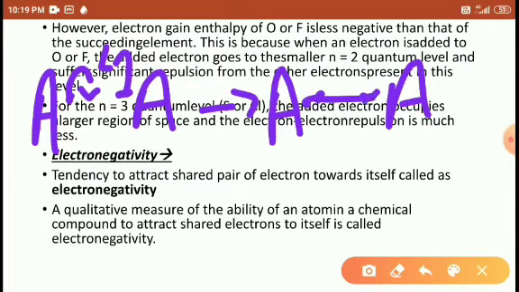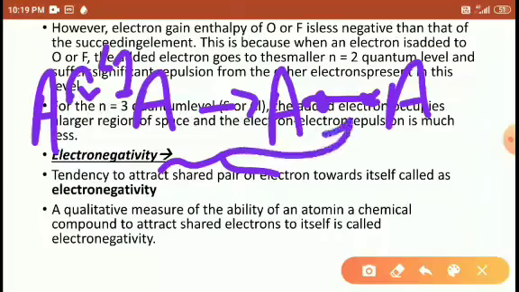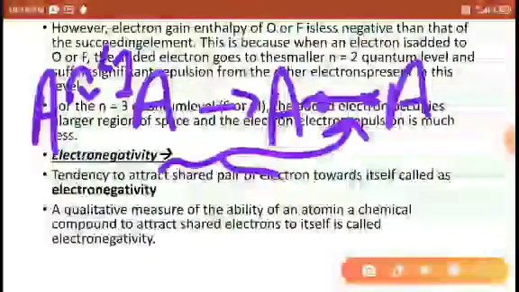So this is the shared pair. Both species are mutually sharing to attain the bond between the atoms, that is the shared pair, right students? So this is the shared pair of electrons, right?